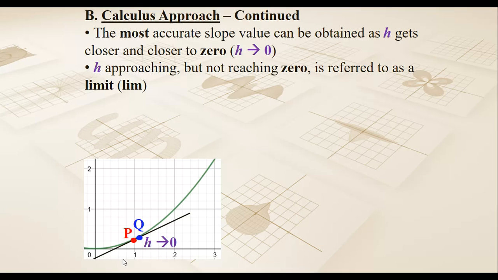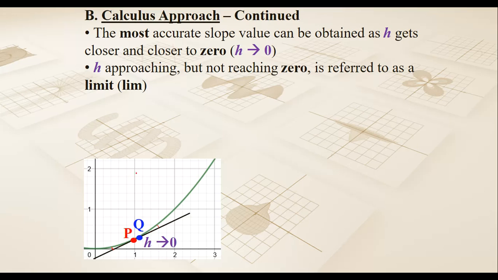I'm going to take h and try to get it as close as I possibly can to 0, because that's going to make point Q really, really close to point P, and then see what happens to the tangent line. If you look at the picture here, if you put point Q right beside point P and connect the dots, then this is looking pretty good now. The spacing between the curve and the line on this side and on that side is roughly equal.